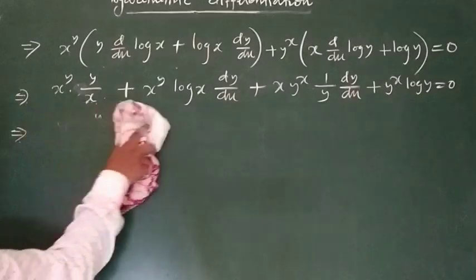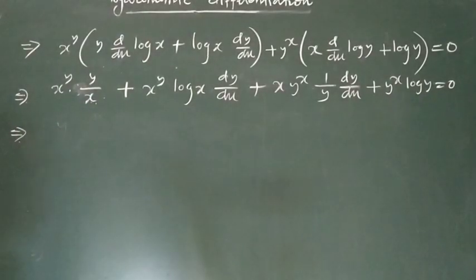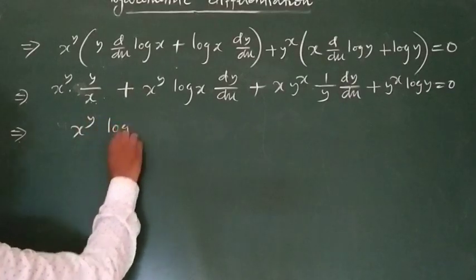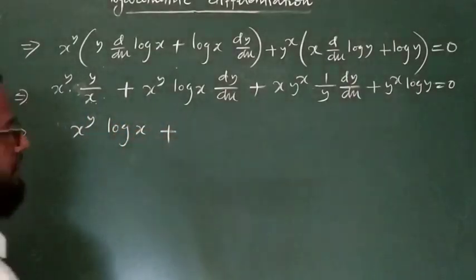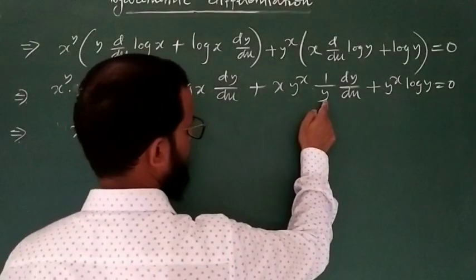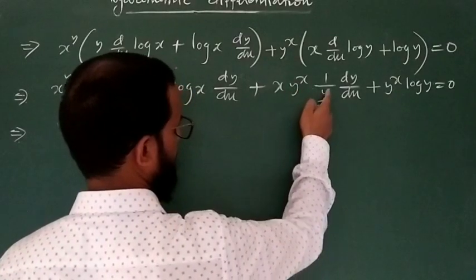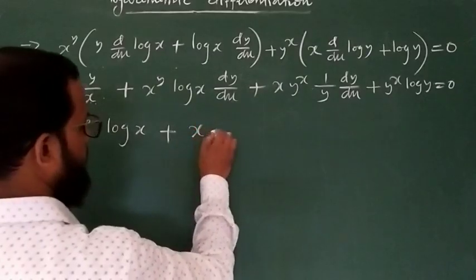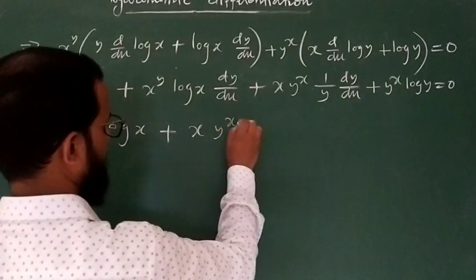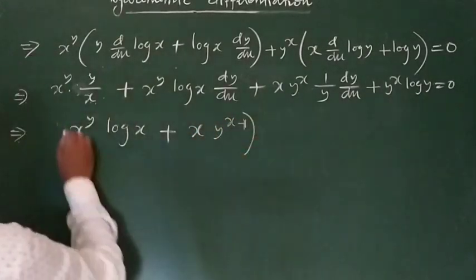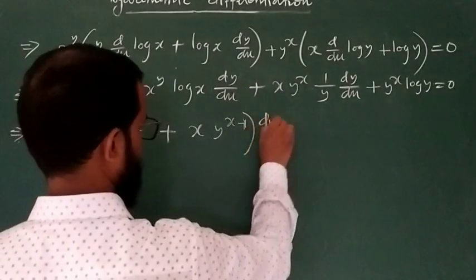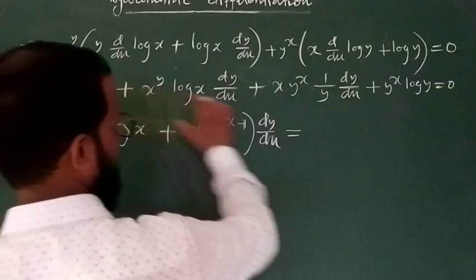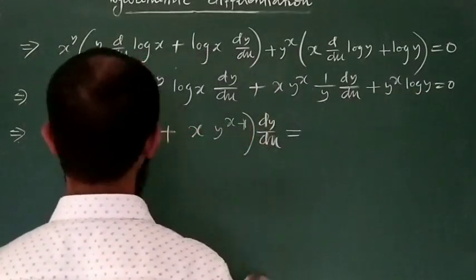Let us do this: sorry, let us collect the dy by dx terms together. x to the power y into log x plus, here you do some calculation, this is y to the power x, this is y, it cancels, so y to the power x minus 1. So x into y to the power x minus 1 into dy by dx is equal to all the terms, this term and that term go to the right hand side.